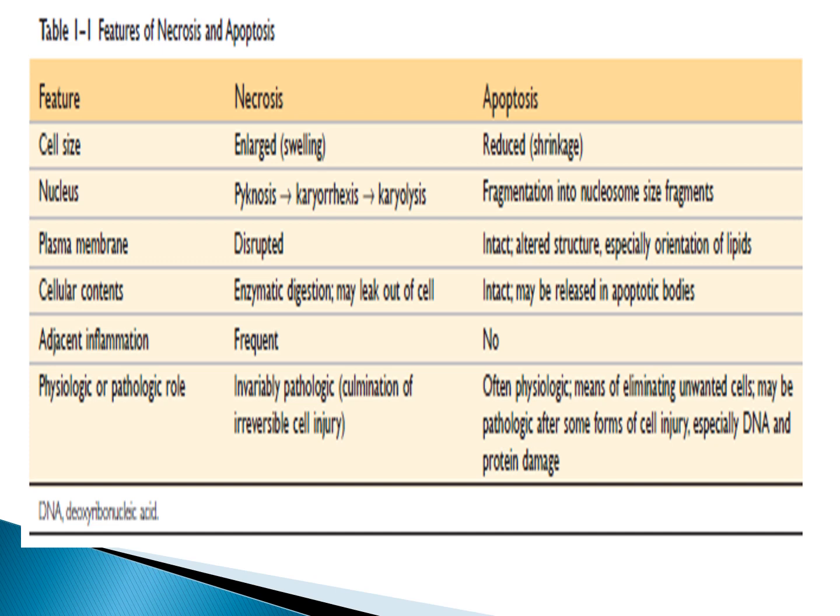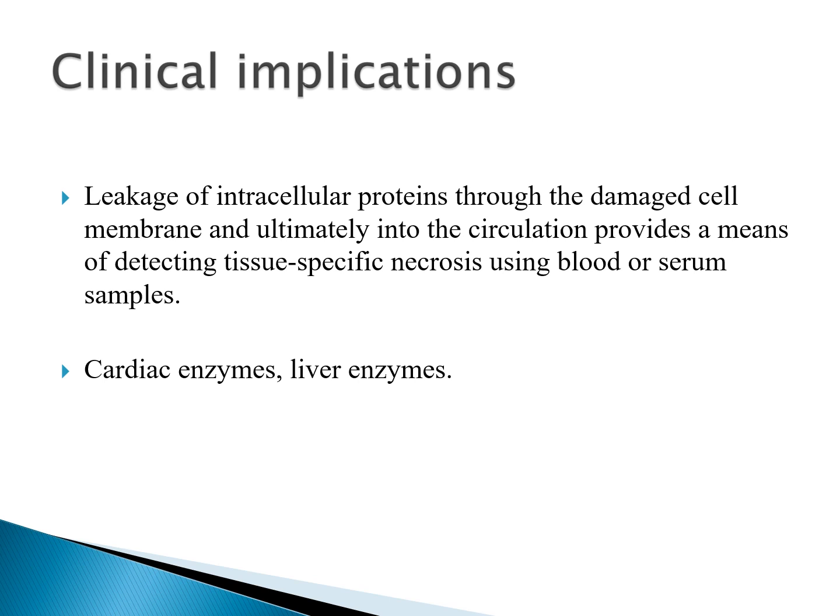Now, what are the clinical implications of cell injury? Why do we study cell injury? Why do we have to know about the mechanisms or the sequence of events in cell injury? Because it helps us diagnose certain types of diseases. As you know, the leakage of intracellular proteins and enzymes from the damaged necrotic cells to the outside, and which they ultimately reach the circulation, the blood, provides us with a means of detecting tissue-specific necrosis using a blood sample or a serum sample.